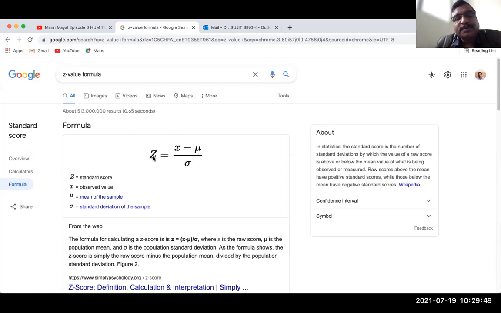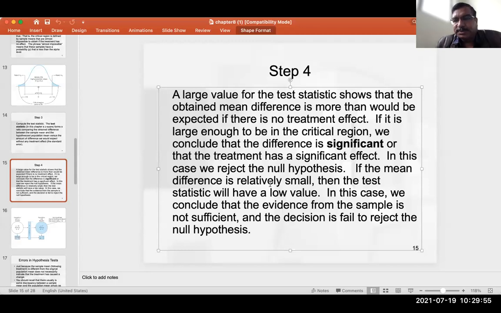If this is small, the Z value should be small. So if the mean difference between sample mean and population mean is relatively small, then the test statistic will have a low value, right? Based upon that formula.